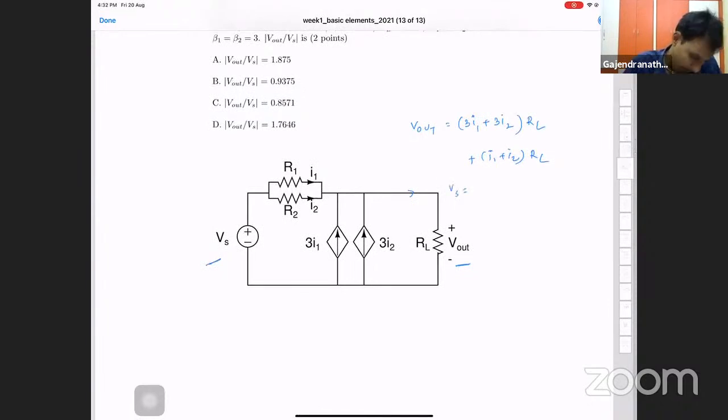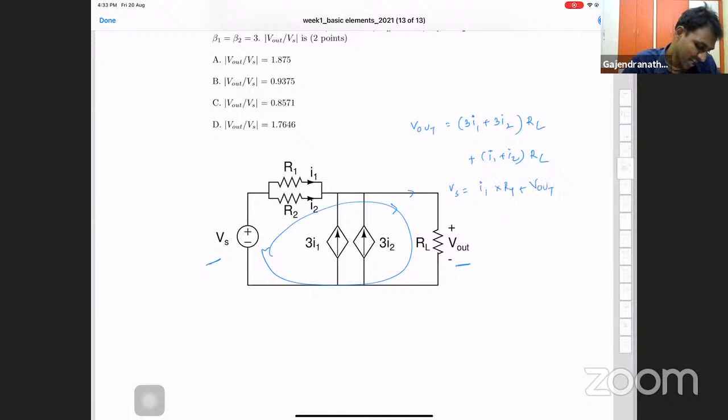Vs is a function of I1. If I write a KVL around this loop, what do I get? I get Vs is equal to I1 times R1 plus V out.